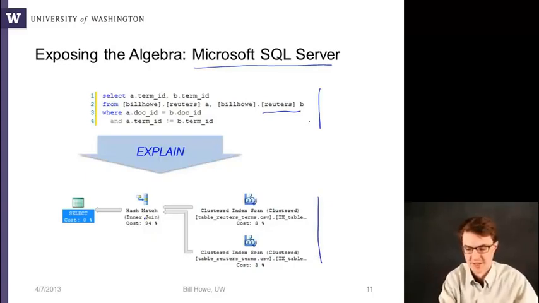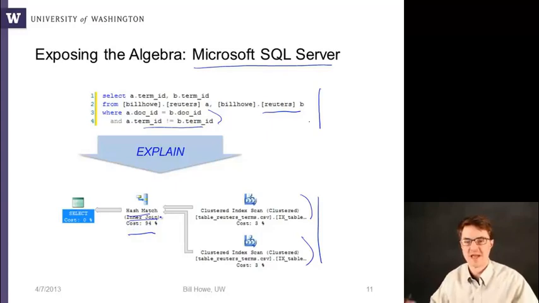This one says a hash match is going to be used to implement this join condition. This one's kind of a complicated join condition for a reason I'm not going to explain right now. But it has two leaves, and then they get joined with this thing called a hash match inner join. And so this is very much like the hash table example I gave on the previous slide.